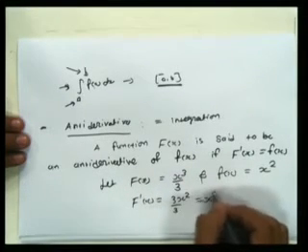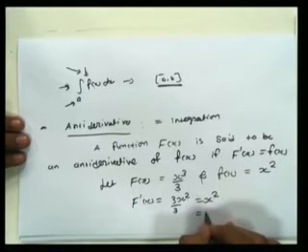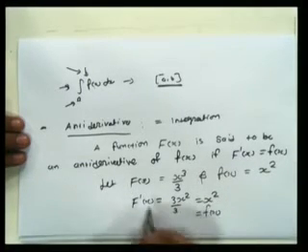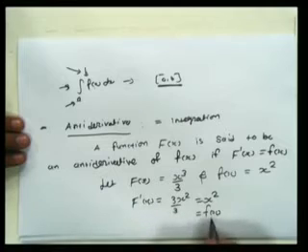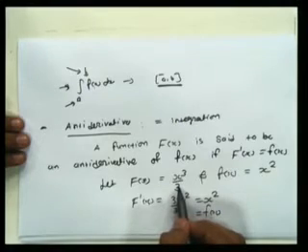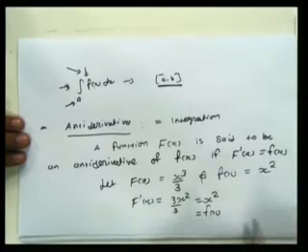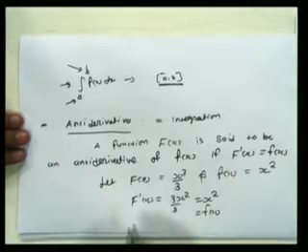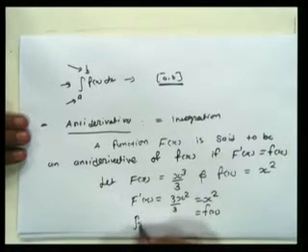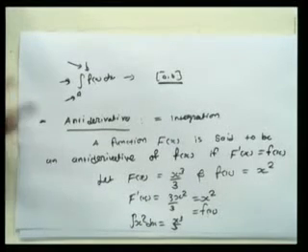It is nothing but x square, and x square is small f of x. So we have capital F dash of x equal to small f of x. Thus by definition we say that this x cube by 3 is an antiderivative of the function x square. And we know that integration of x square dx is x cube by 3, so it is nothing but the antiderivative.